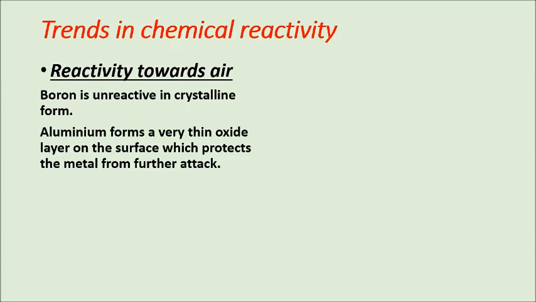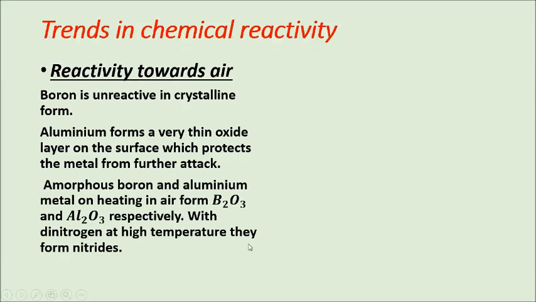The corrosion is happening there, and a thin oxide layer is formed on the surface of the metal. Amorphous boron and aluminium metal on heating in air form boron oxide and aluminium oxide. With nitrogen at high temperature, they form their nitrides. So this is how the reaction is with the air.